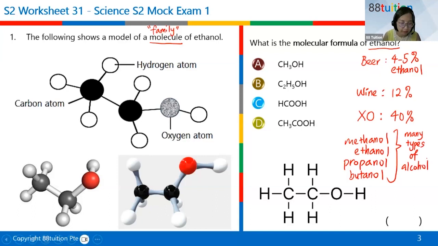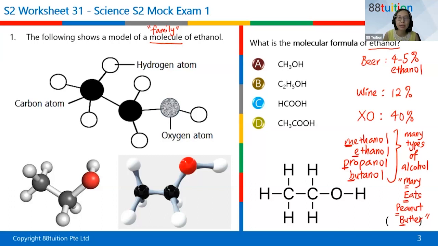Then maybe I will help you with a memory aid, which you will find useful when you go up to Set 4. The memory aid is Mary eats peanut butter. It helps you to remember the first letter: methanol, ethanol, propanol, butanol.